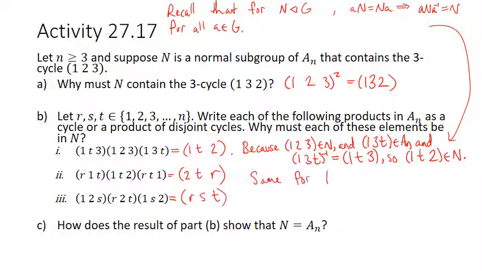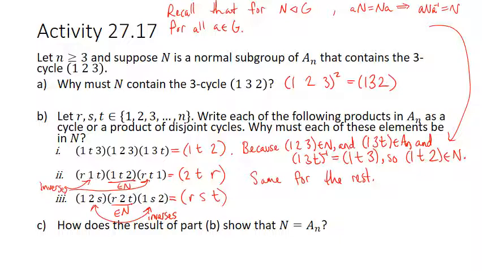Basically, once you found something that's in the subgroup N, like this is now in N, and these two are inverses of each other, then whatever result you get, it has to be something that is in that subgroup N. Okay, so that is why all those elements must be in N.